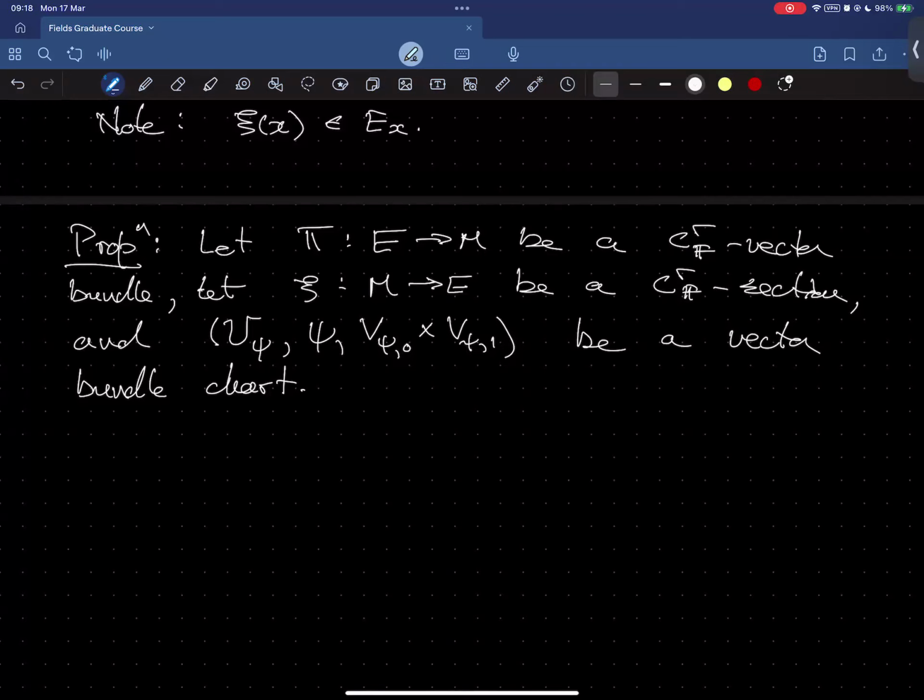So the vector bundle chart for E induces a chart for M. I'll give that chart some notation: (U phi, phi). And I'll call the chart codomain V phi, but the chart codomain is actually the same thing as this, so that's actually V psi 0. Let it be the induced chart.